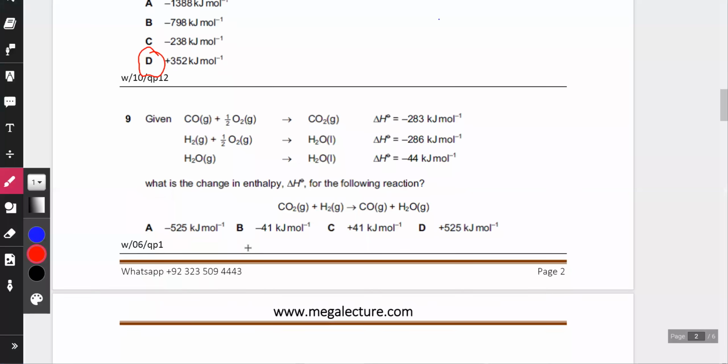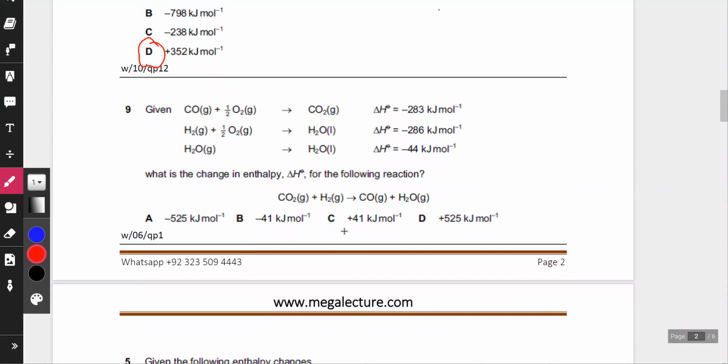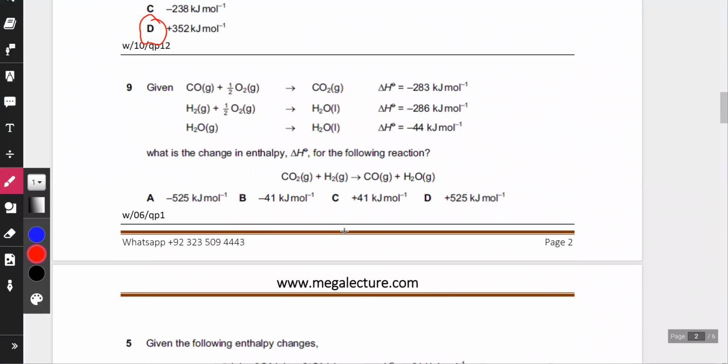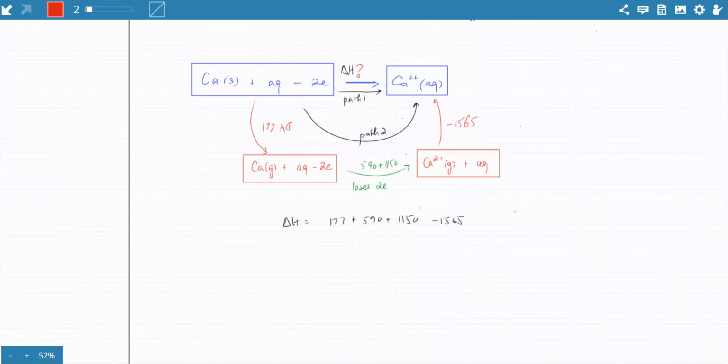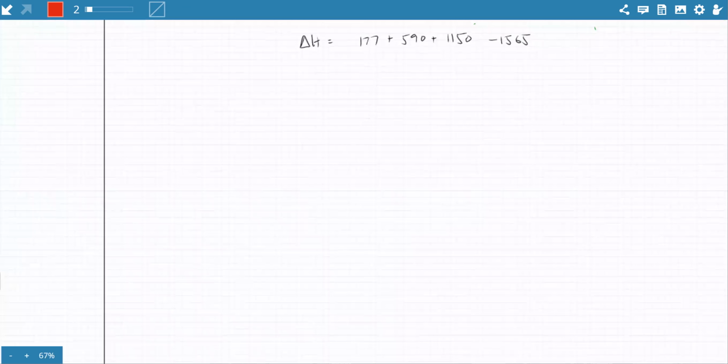Okay, so let's try and do this question now. If you look at this question, you're being asked to find the enthalpy change of this particular reaction. If I copy this, it's carbon dioxide gas plus H2 gas, and it forms carbon monoxide plus H2O.